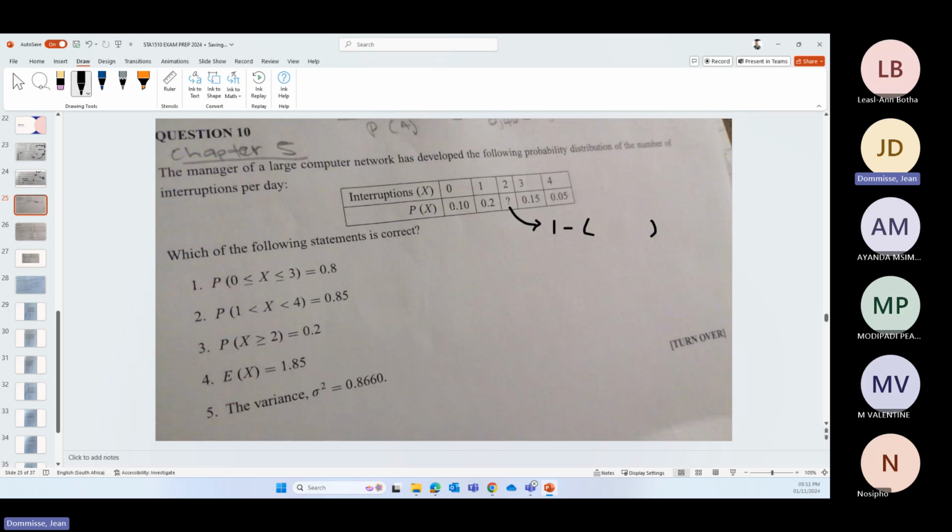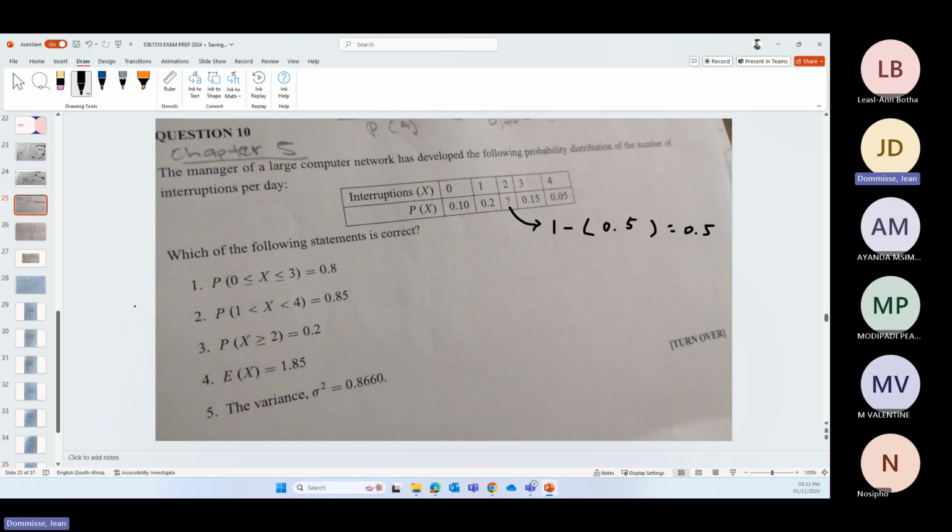So 0.1 plus 0.2 plus 0.15 plus 0.05. Okay, so apparently then that is 0.5. That is quite a big probability, but that's fine.